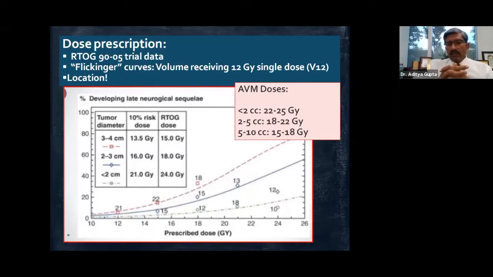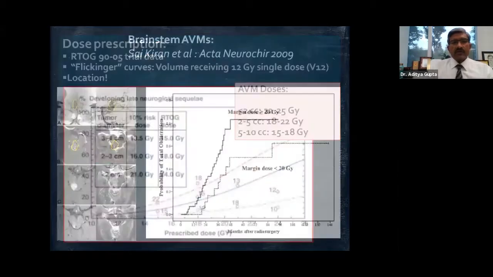Now, any AVM which is more than 10 cc's, by and large, I would like to not treat in a single session. Although at times I have treated AVMs which are about 12 to 13 cc's, but anything larger basically would need either volume fractionation or a dose fractionation.